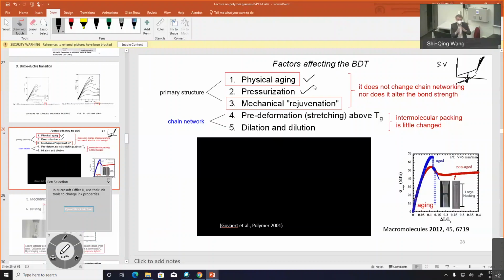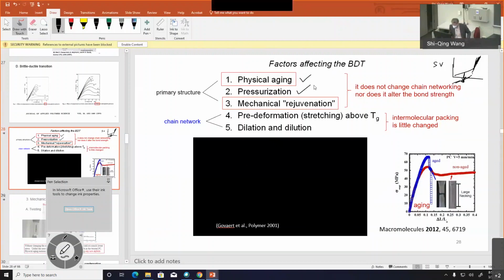So in all of our discussions, we are not talking about any change in chemistry. We preserve the same structure, same chemistry, just different physical means to examine which way it goes. It turns brittle, it turns ductile. So if you call this first one negative, it makes it more brittle. Pressure is positive, it makes it more ductile.